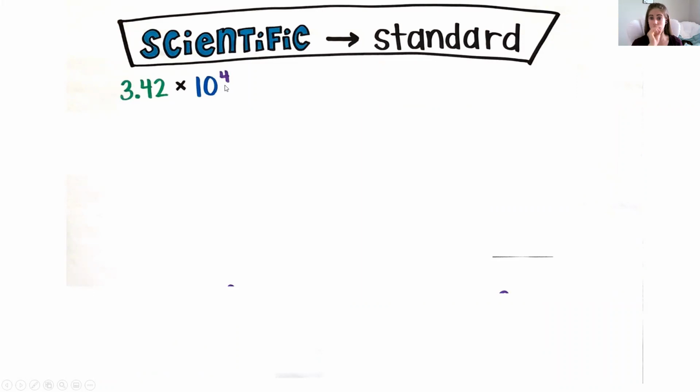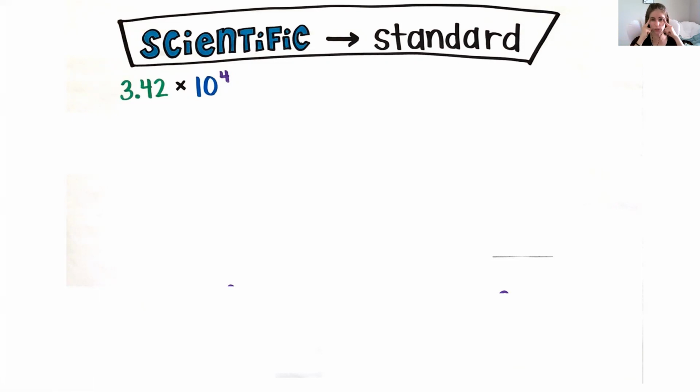We're going to focus on the exponent, okay? That exponent of 4 tells us two things. One, because it's a positive number, it tells us that in standard form, so in regular format, this is a large number. It's a positive exponent, a large number.